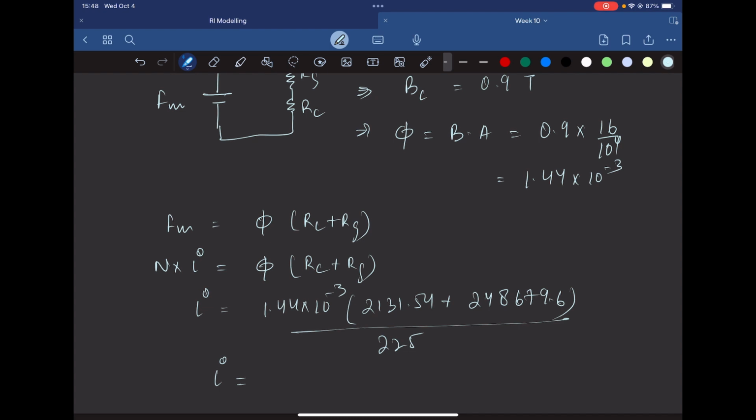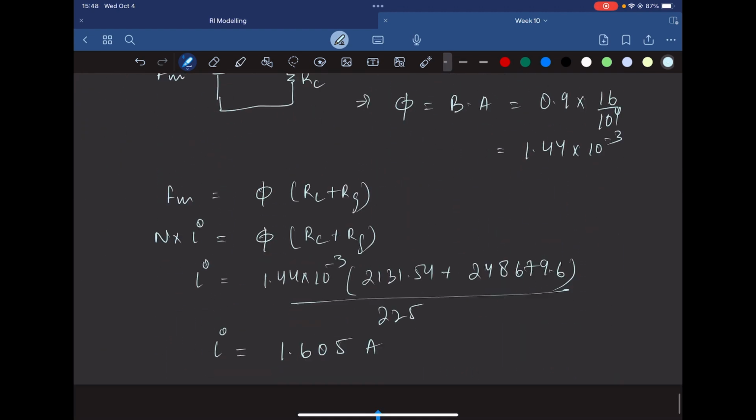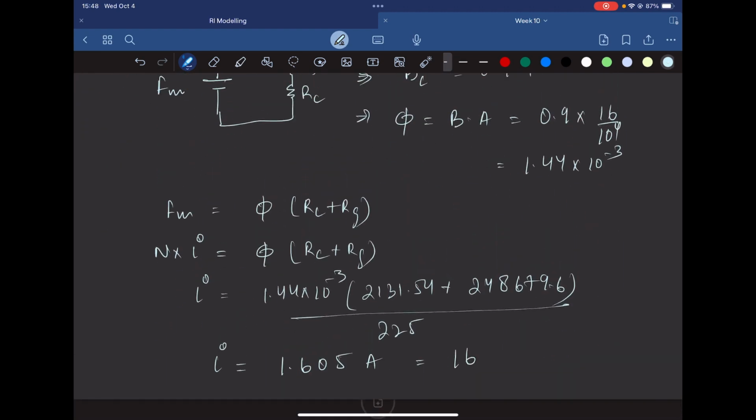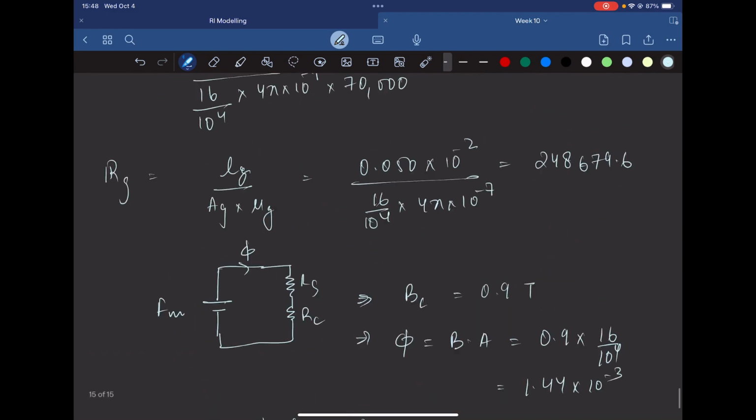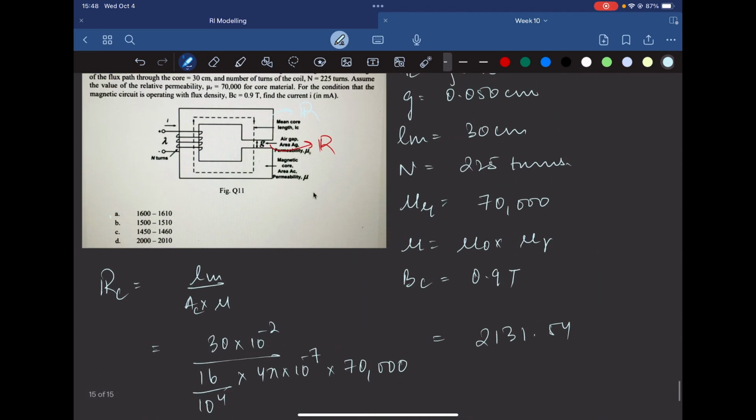So it's 1.605 amperes. We're required to find it in milliamperes, so it's 1605 milliamperes, right? So it's A.